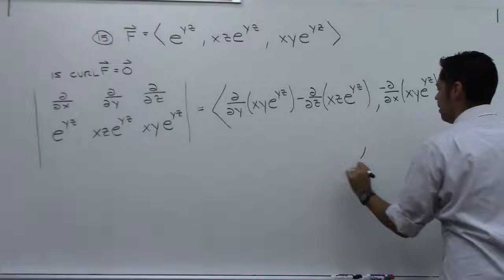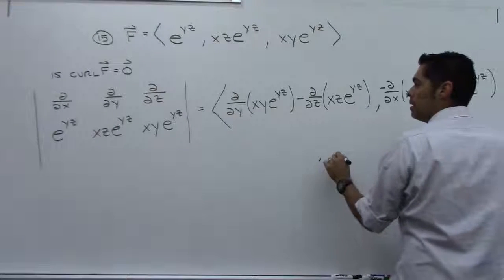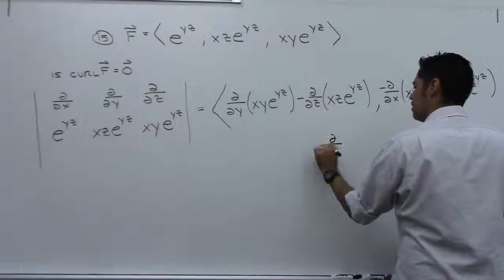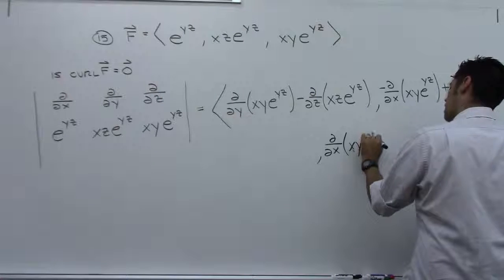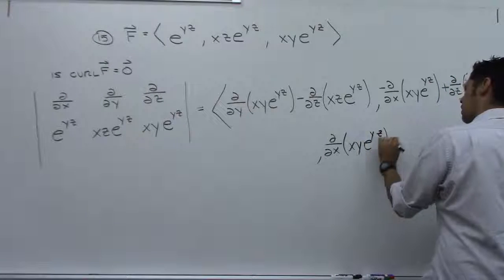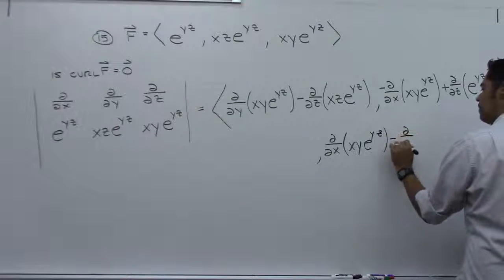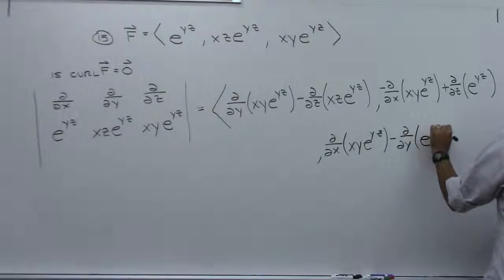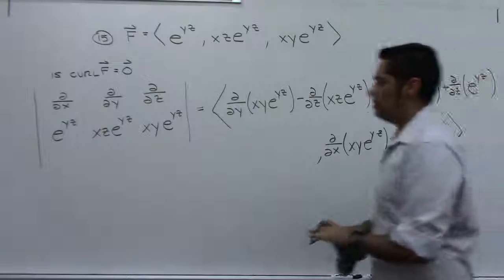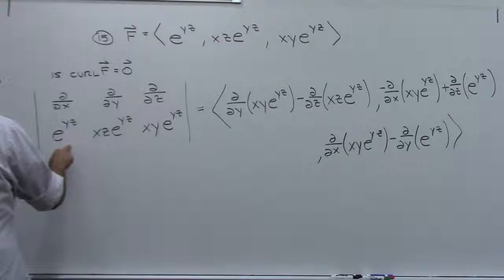Then I have another component, I'll put it down here, a little more room. It'll be partial with respect to x of xy e to the yz minus partial with respect to y of e to the yz. So I just did this minus this.